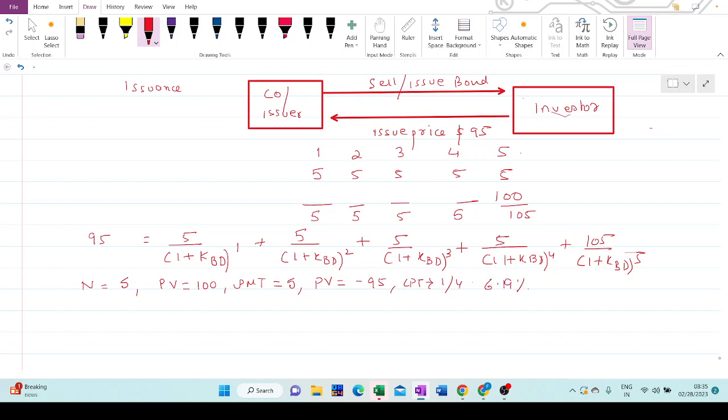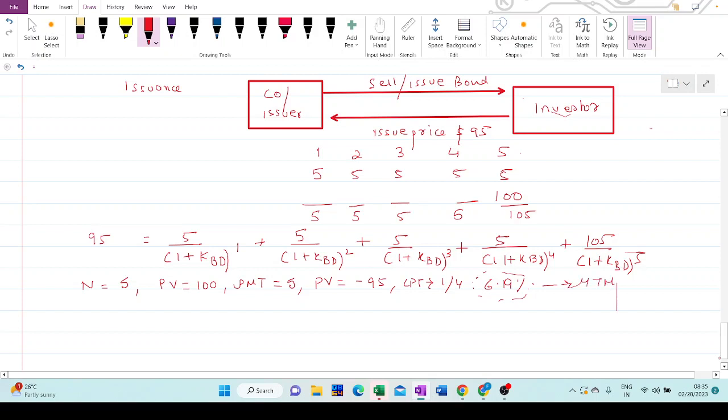So the basic intuition is that the cost of raising $95 to the company is 6.19% per annum. And this 6.19 is nothing but the YTM of the bond, yield to maturity of the bond.